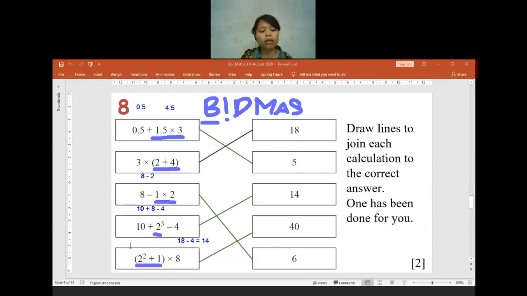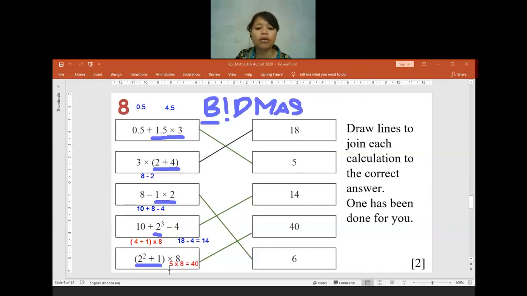So open bracket, 4 plus 1, close bracket, times 8. Then we have bracket and multiplication, which means we finish the bracket first. 4 plus 1 equals 5. So we finish 5 times 8, which equals 40.